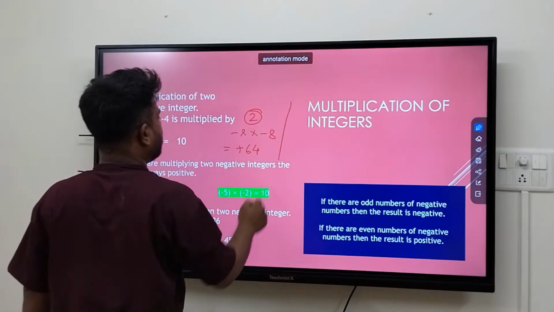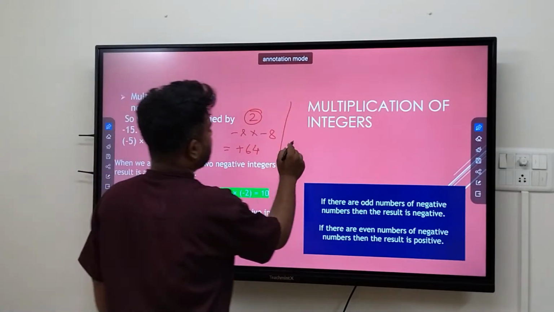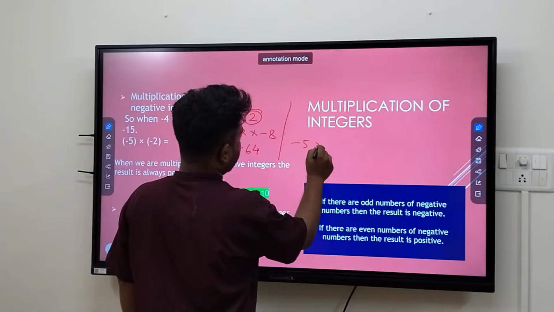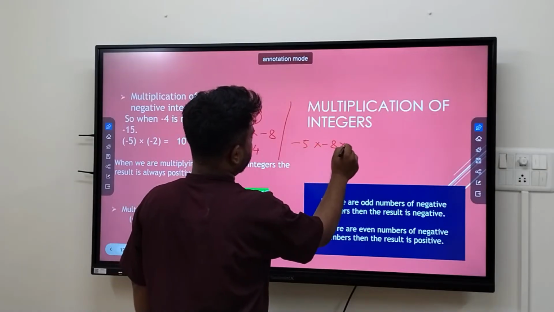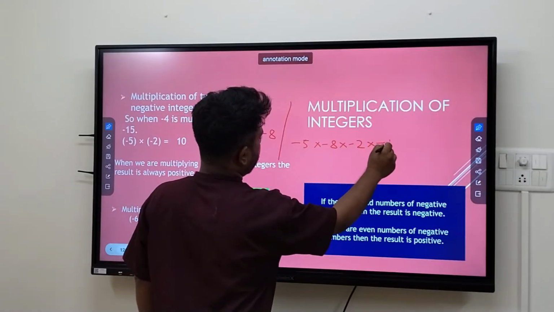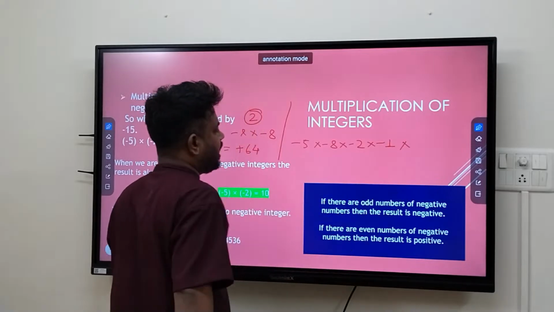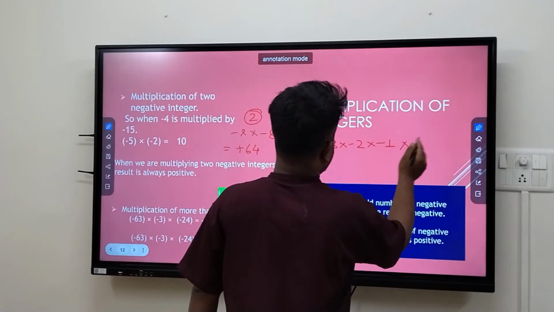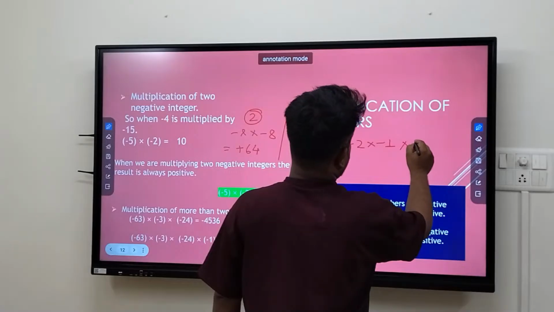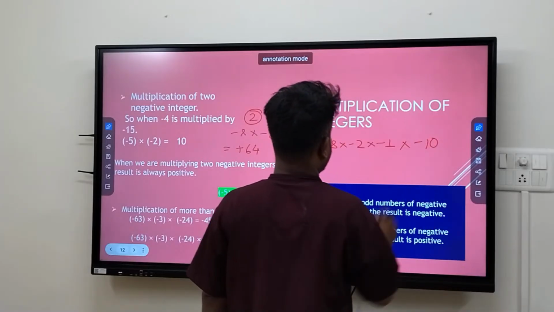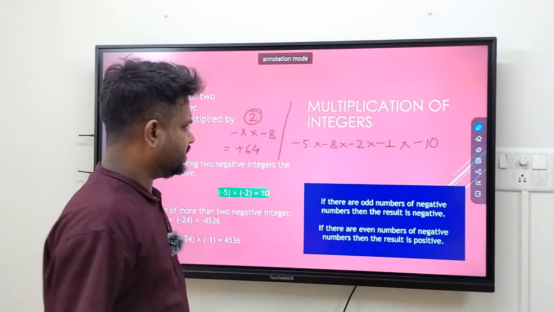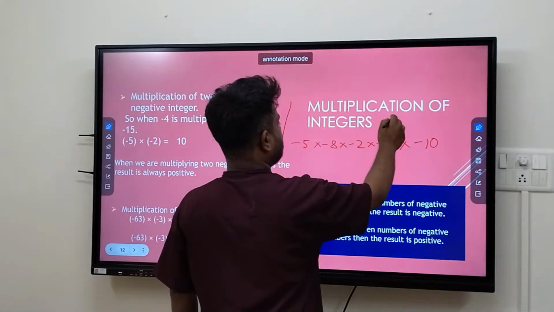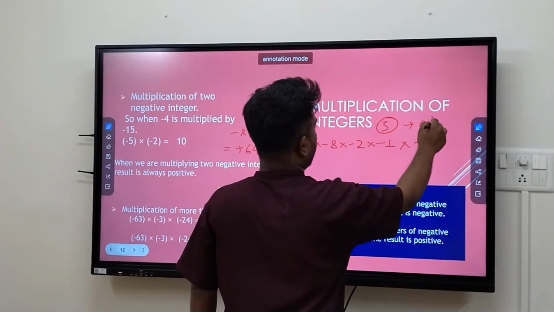And if we are multiplying just like 5, 8, 2, 1 and maybe minus 10. Okay, there are 5 negative numbers. So this one is odd.